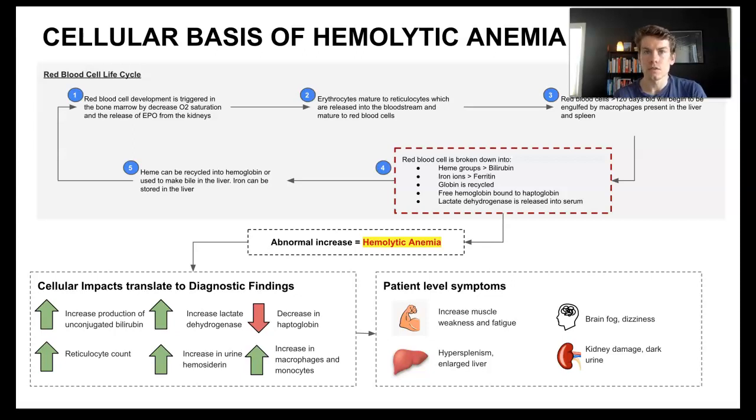After roughly 120 days, the red blood cell will be broken down into heme, iron atoms, globin, free hemoglobin, and lactate dehydrogenase, among other things, of course. And these materials are either recycled or excreted from the body. In a normal individual, this process will continue for life.